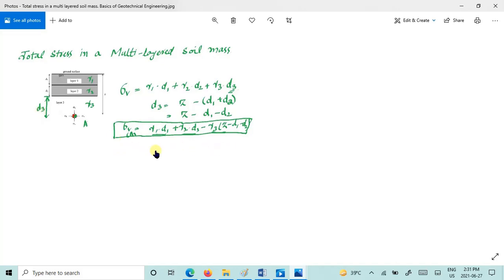We can find the vertical stress in the multi-layered soil.